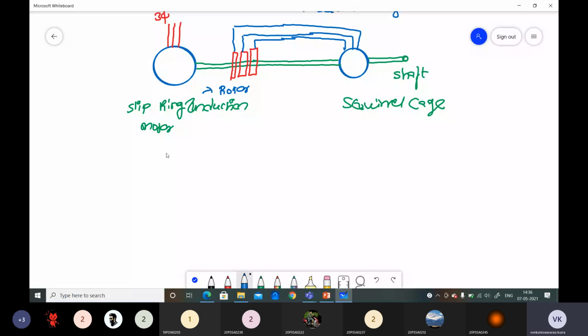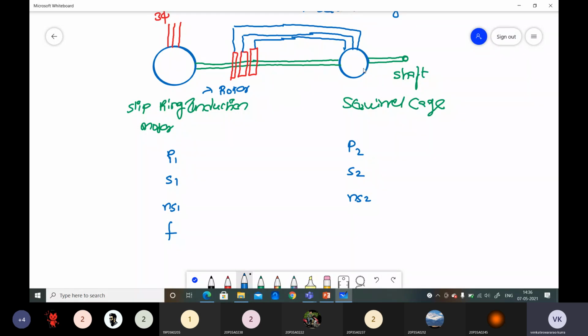Now the number of poles of the slip ring induction motor is P1, and of the squirrel cage induction motor P2. Next, slip of the slip ring induction motor S1, and this one is S2. Next, synchronous speed of this motor Ns1, and this motor Ns2. Next, stator frequency. The stator induced EMF frequency is nothing but the supply voltage frequency f.